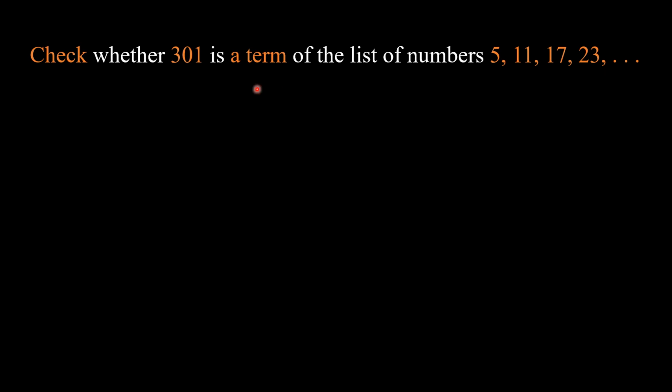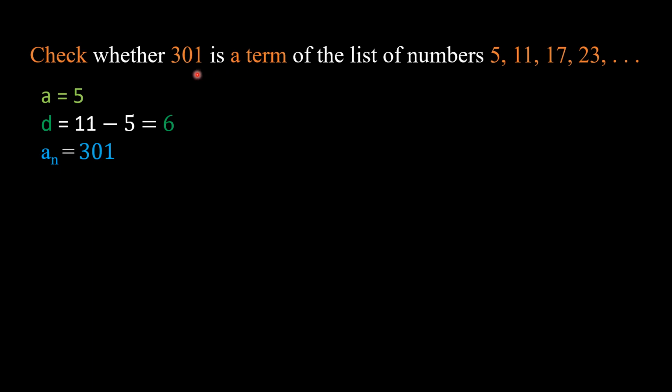Now 301 will belong to this AP only if n is a positive integer. Here A is 5, the first term. Common difference D is 11 minus 5, which is 6.